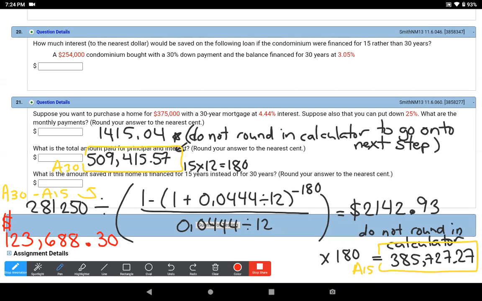And so this is our answer for part C. They saved a ton of money this time, paying it off in 15 years instead of in 30. And they're saving in finance charges, right? So that's $123,000 worth of finance charges that they're saving.